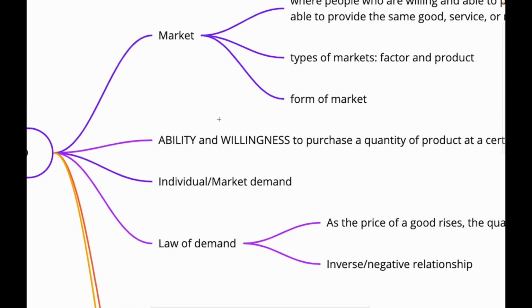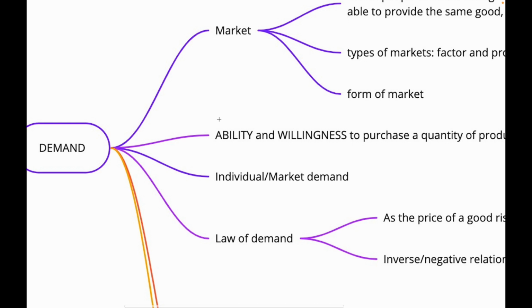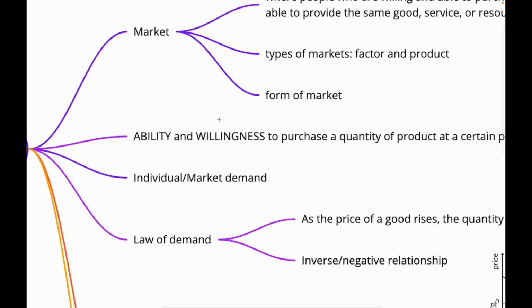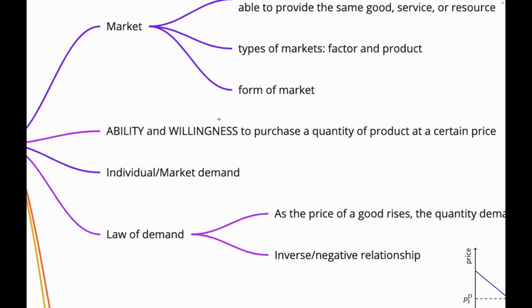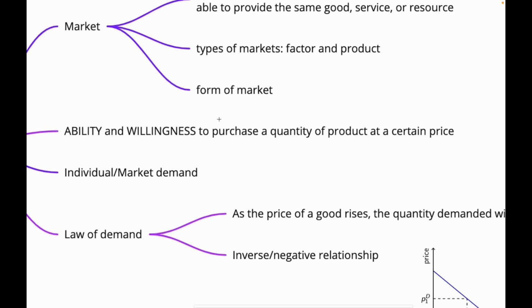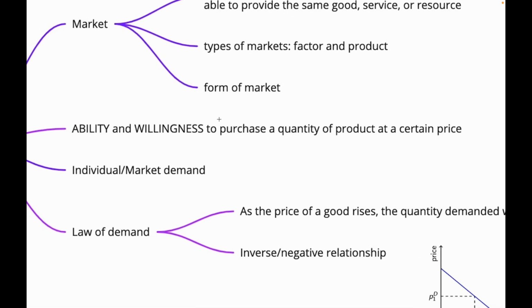Next, let's take a look at the definition of demand. This is important, so I recommend you put that in your notes. Demand refers to the ability and willingness to purchase a quantity of product at a certain price. Here, the two keywords are written in all caps: ability and willingness. This means that the person who is demanding the good has to be able to purchase that and be willing to purchase that.